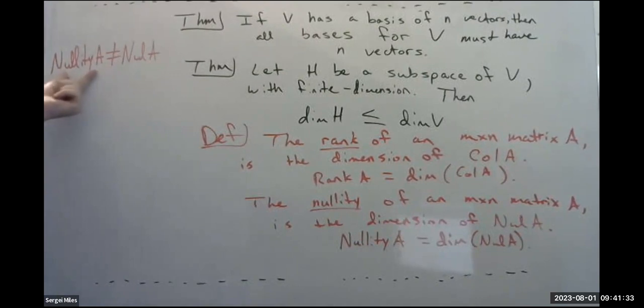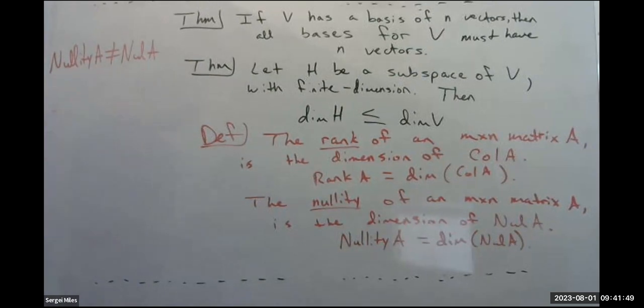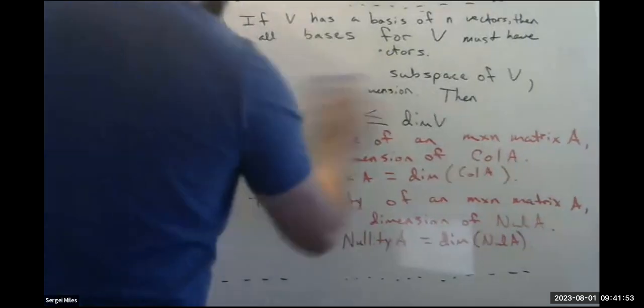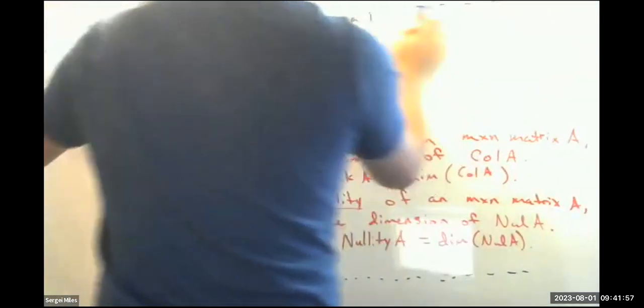But the nullity of A is a dimension. This is a real number. This is telling us how big the space is. So while these two things are related, they are not equal to each other. You can't just swap these terms back and forth. They're different things.